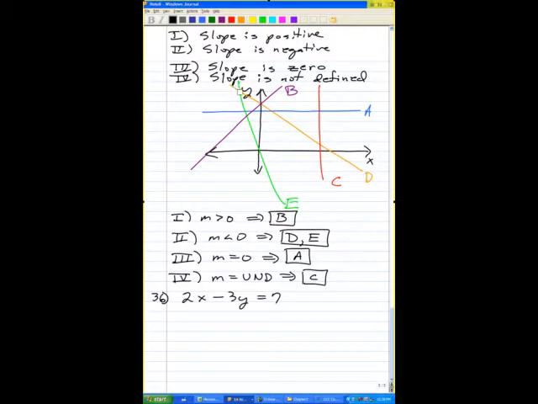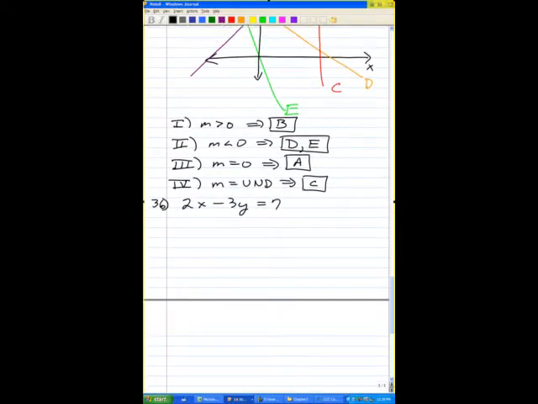If I read this graph from left to right and my y values are decreasing, it's falling, and the slope is negative. Whereas if I read the graph going from left to right and the y values are increasing, it's rising, and the slope is positive. Whenever you look at a graph, always read the graph going from left to right, and that will tell you how we've given the names appropriately.